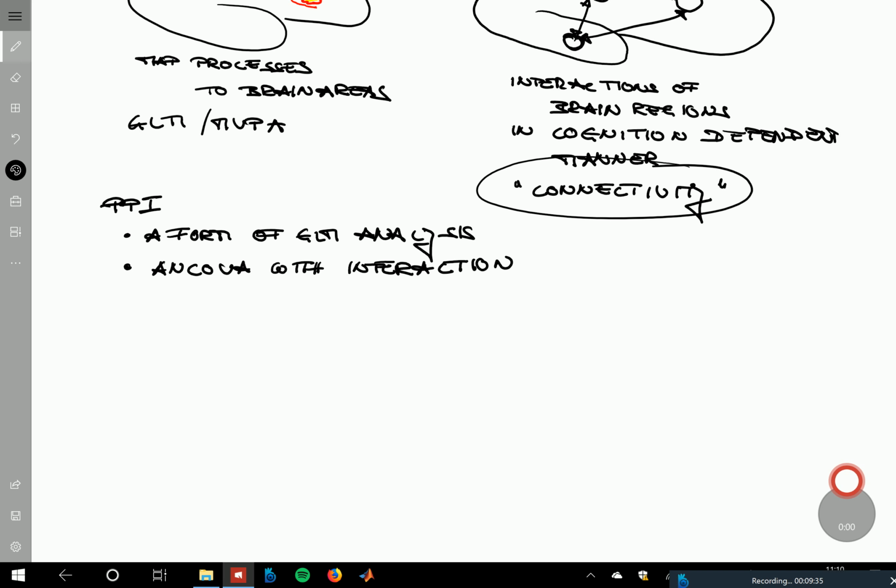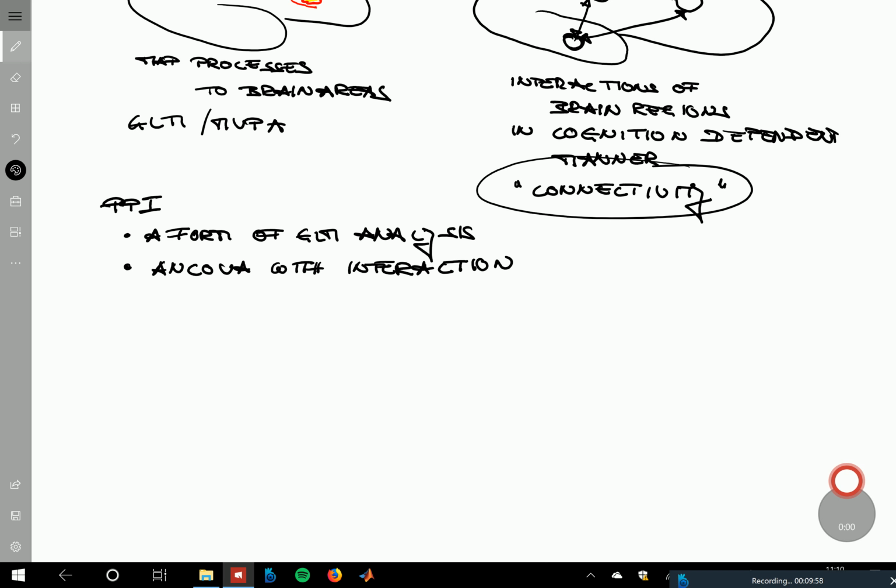And if you're dealing with ANCOVA, you already deal with a mixture of factorial and also discrete and continuous, so regression-like designs.